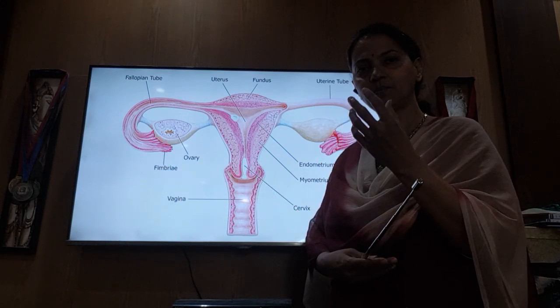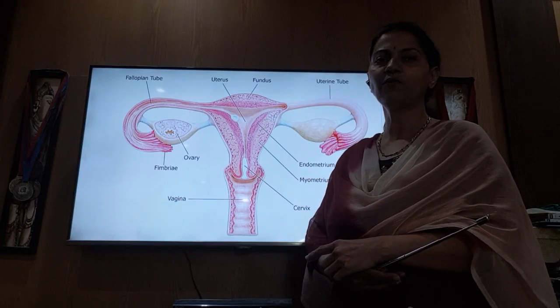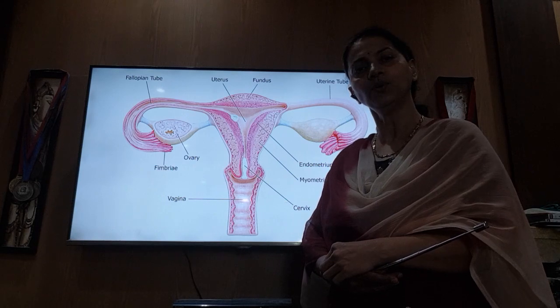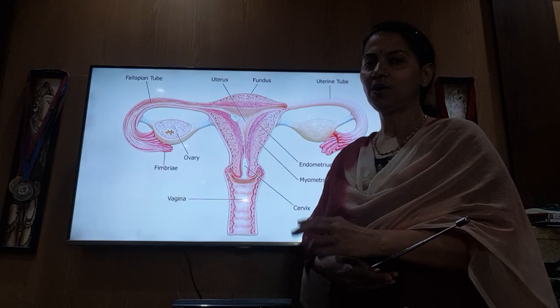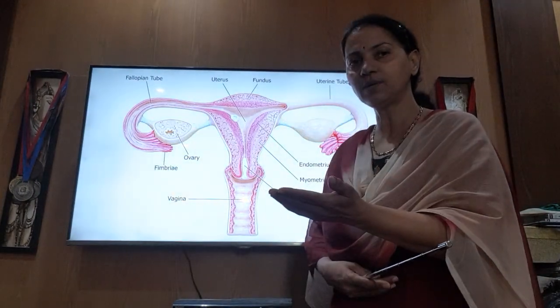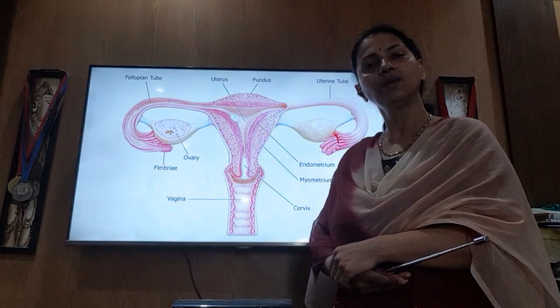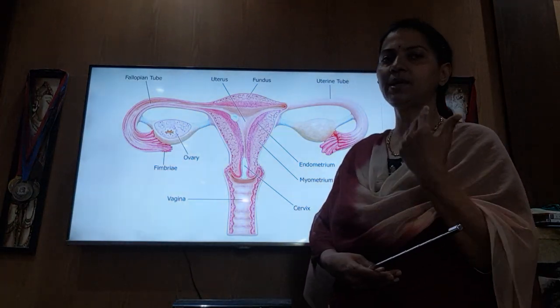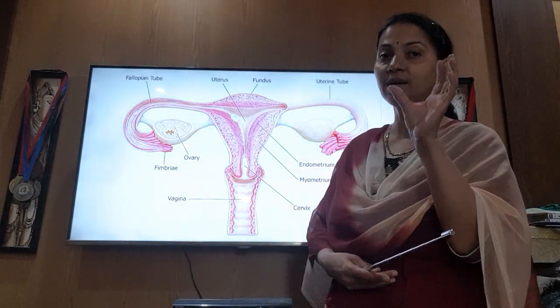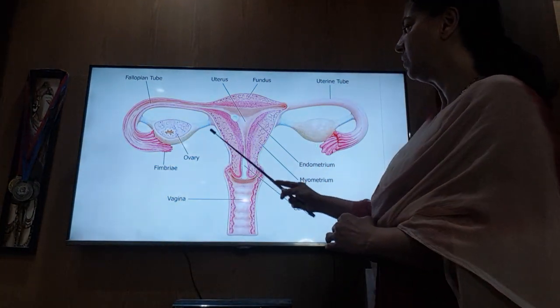So this axis of the uterus is also one of the factors which gives support to the uterus. So you have understood about it. So you know what is in front of the uterus, it is the bladder, and what is behind, it is the rectum, and what is behind the rectum, the sacrum, isn't it, the sacral vertebrae. So this much you have understood.